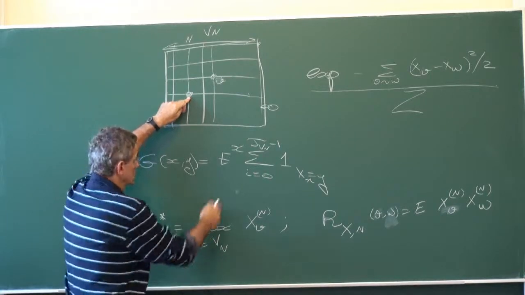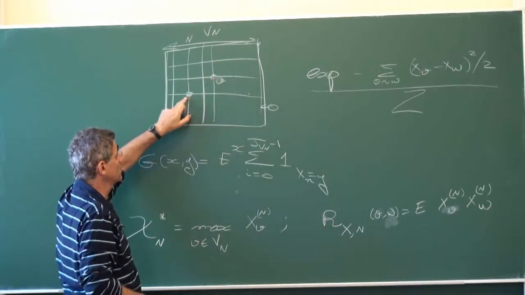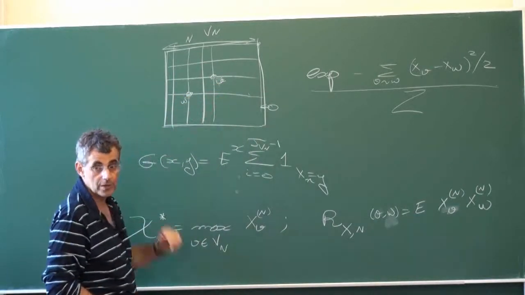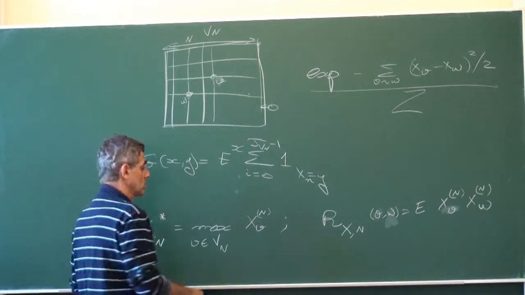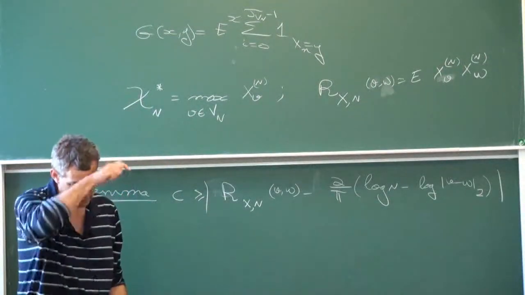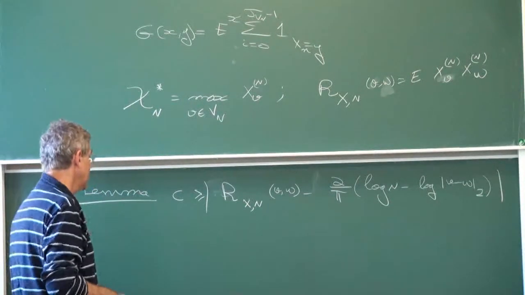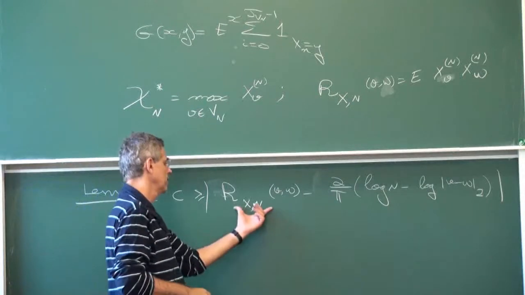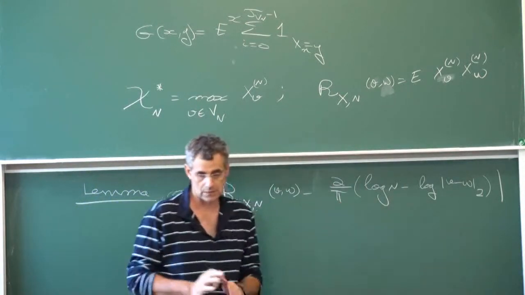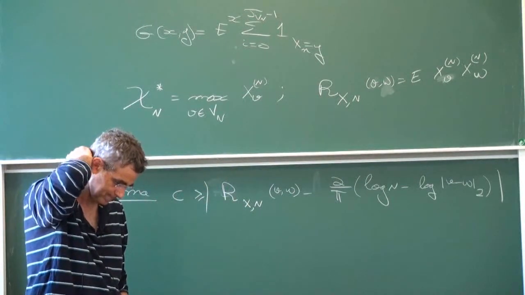Because that's what the Markov property and this formula tell you. And the probability to hit w before exiting is logarithmic in the distance. All these facts are not too hard, and you can do them using a simple random walk. And also from here, you know that the maximal covariance, that is the maximal variance, is 2 over pi log n.